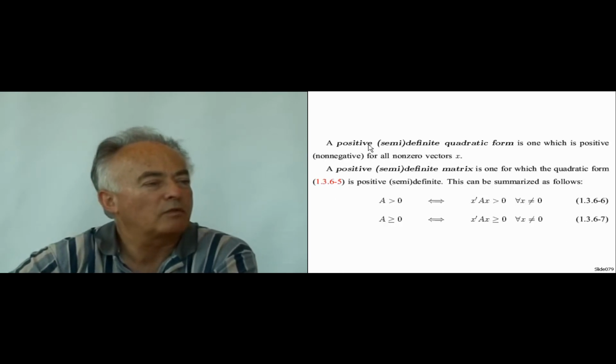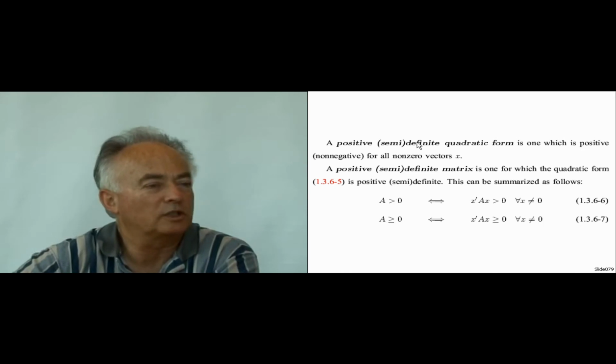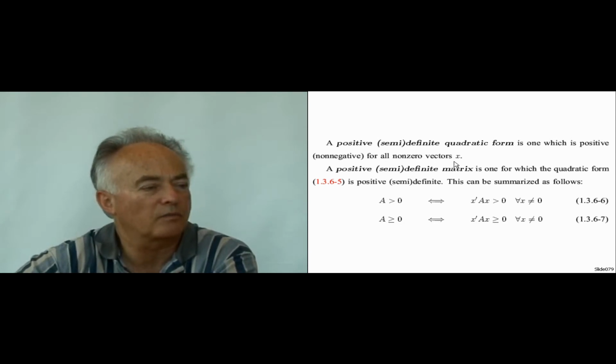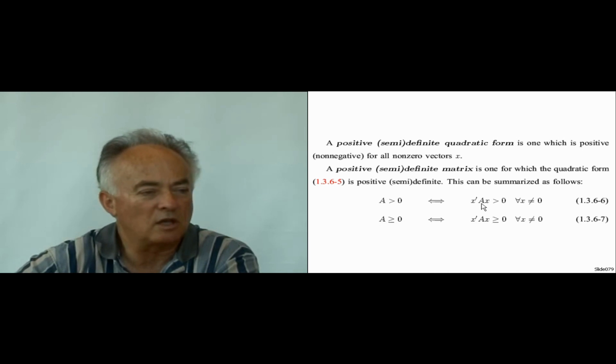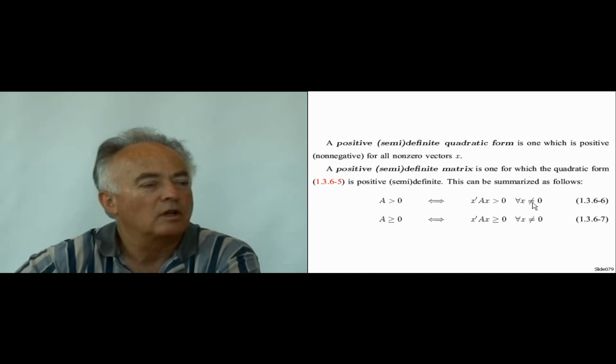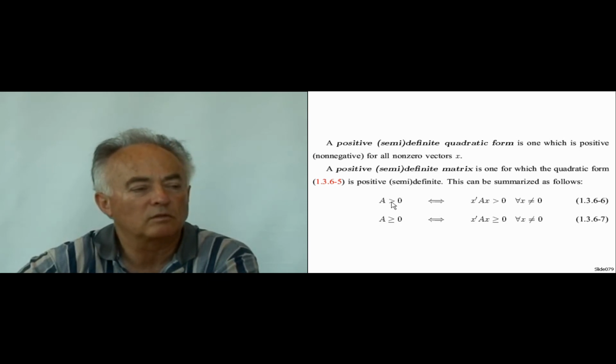A positive definite or semi-definite quadratic form is one which is positive or non-negative for all non-zero vectors x. If the quadratic form x prime Ax, for a given matrix A, is positive for absolutely all x's that are not the zero vector, then we say the matrix A is positive definite.